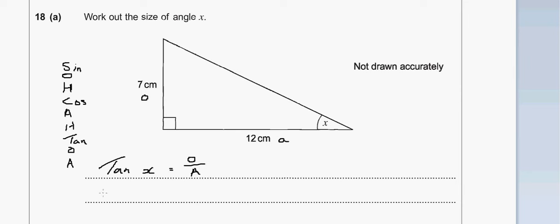So tan x equals, now the opposite is 7 over the adjacent, which is 12.